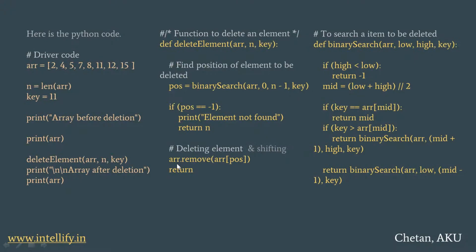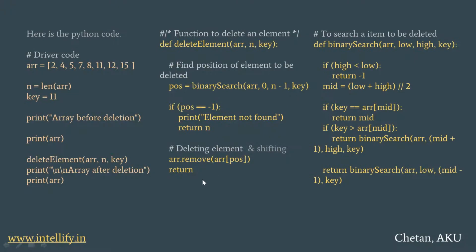This is array.remove, array at position. That means we find the index and we delete the element which is present at this index by applying this remove function, and return back to this position and print the array. This is the way we can do that.